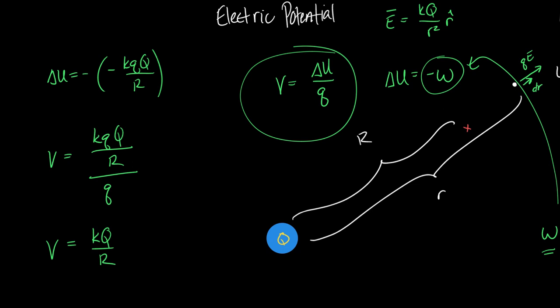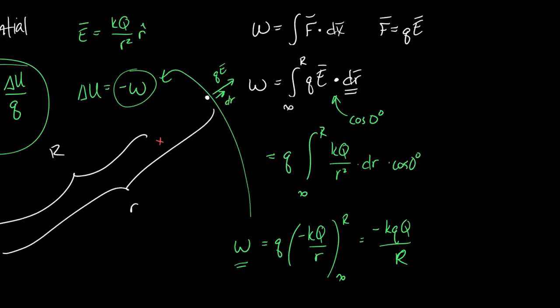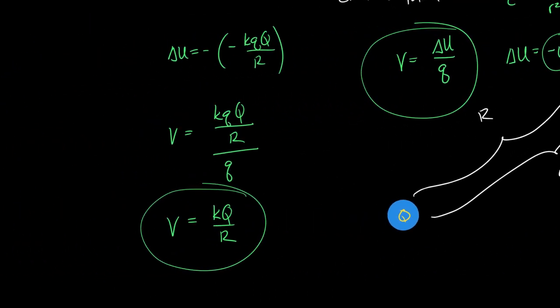Now that's a long route, so let's get some shortcuts in here for what we're going to accept as the calculation for electric potential. This is just fixing yesterday and ensuring we get an electric potential that's positive, and I'll explain why this must be true. So first, consider, do you think the object should have gained energy or lost energy as it went from infinity to a place close to the charge?